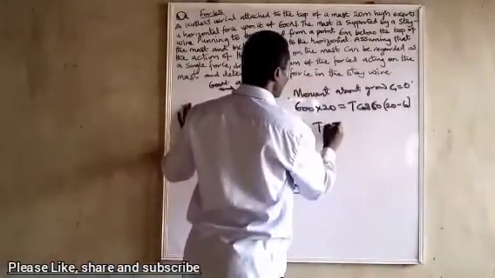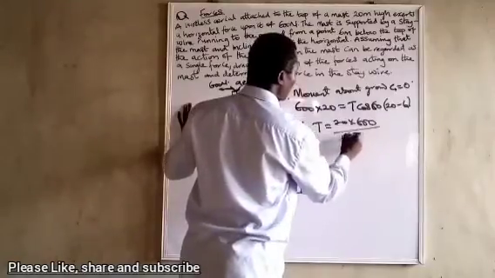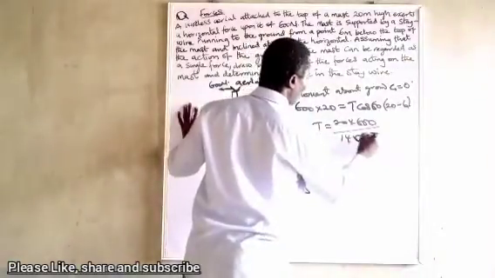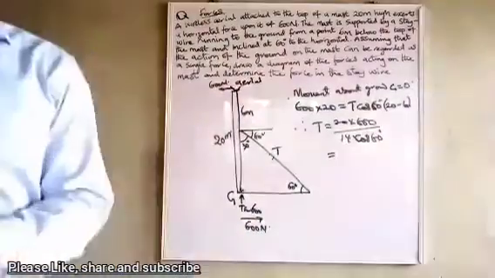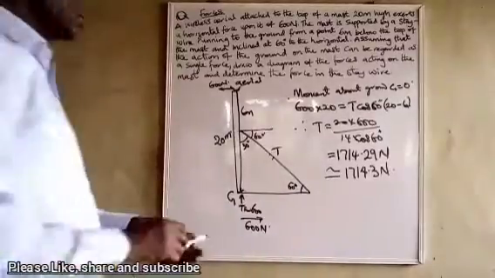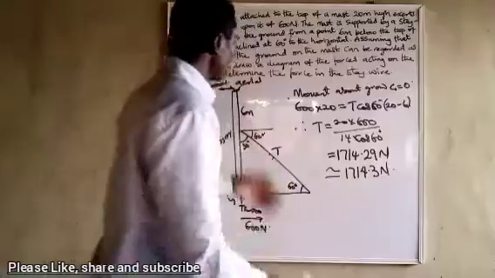Therefore, T will be equal to 20 times 600 over 14 cos 60 degrees. And that gives me approximately 1714.3 Newton. So straightforward.